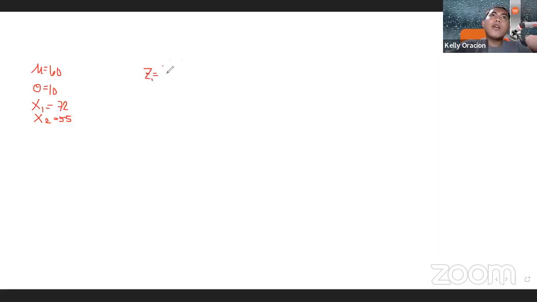This is your z-score: X minus mean over standard deviation. The other z-score is for your classmate. Just substitute: X is 72 minus 60 divided by 10. Your z-score is 1.2.